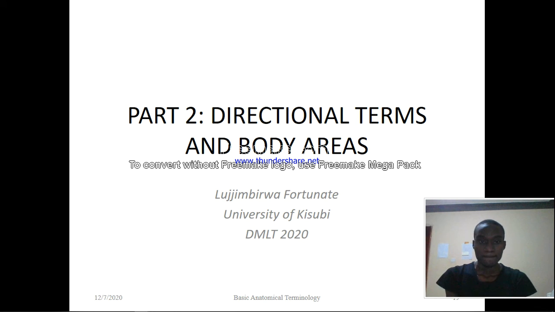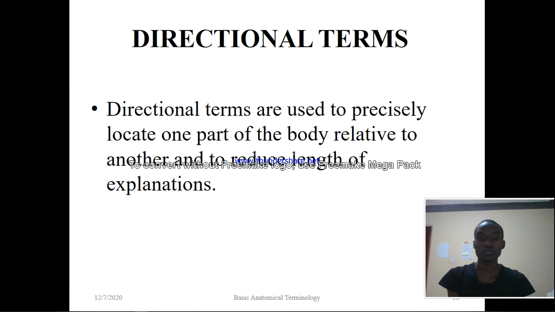So this part is going to be introducing you to those directional terms, the different terms that I use, and then the body areas that we have in the human body. To start off with directional terms, to define them: a term is a word, a descriptive word.